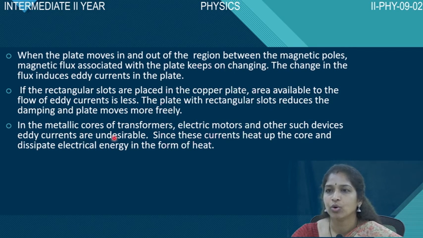In the metallic cores of transformers, electric motors and other such devices, eddy currents are undesirable, not required. Why? Because we know eddy currents develop and they oppose the motion. So these currents oppose the working of this electric motor. Anyhow, this electric motor has to work, so it does some amount of work against this eddy current.